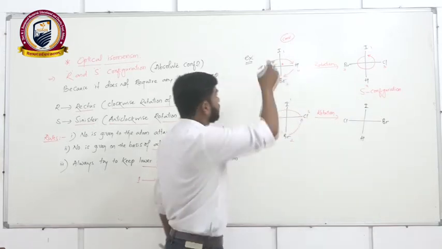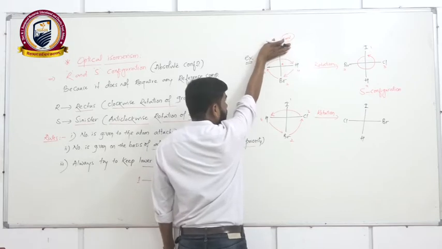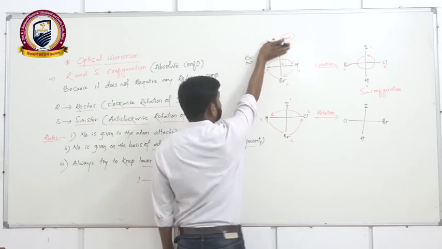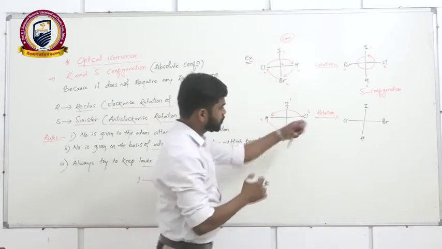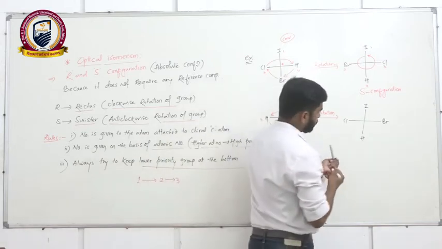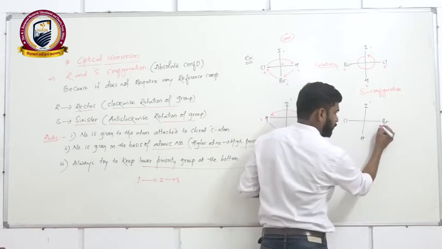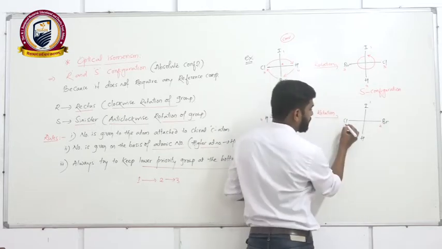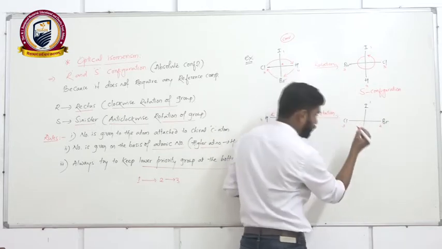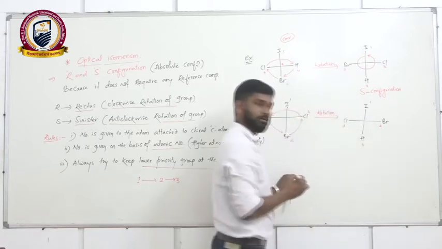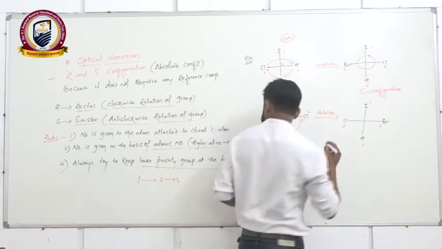Keep in mind that you should not rotate the position of the group which is present at the top. Okay. So now assign the numbers over here. Iodine will carry first priority, bromine will carry second priority, chlorine will carry third priority, hydrogen will carry fourth priority. Okay. So the rotation will take place as what?